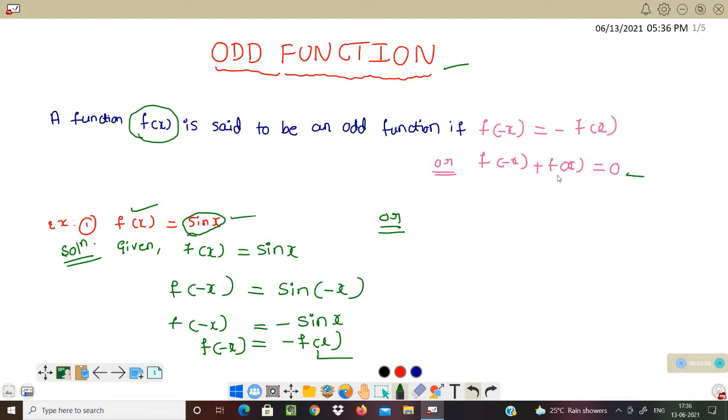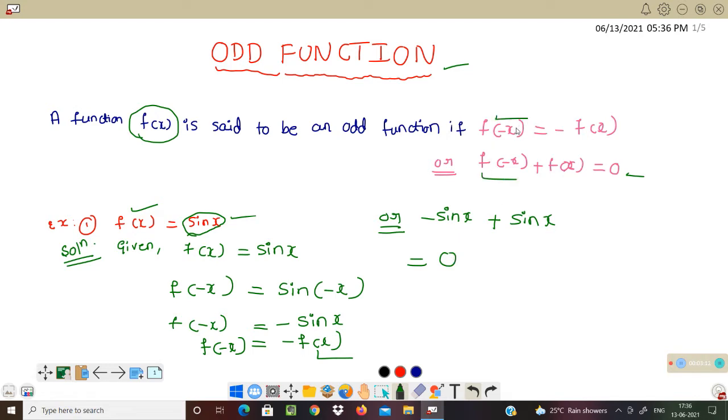f of minus x plus f of x. What is f of minus x? That is minus sine x. Plus f of x, that is sine x. Minus sine x plus sine x is nothing but 0. So this condition is also satisfied.